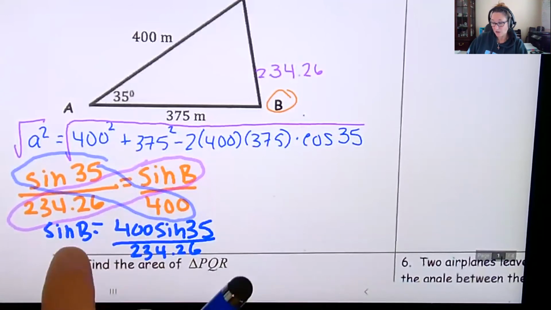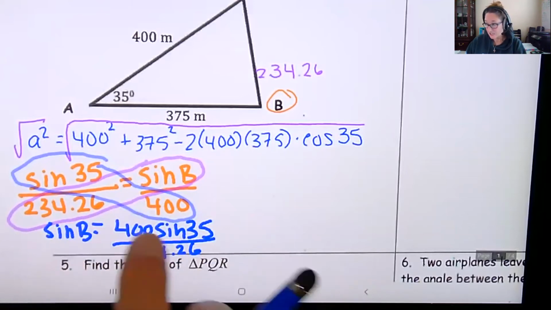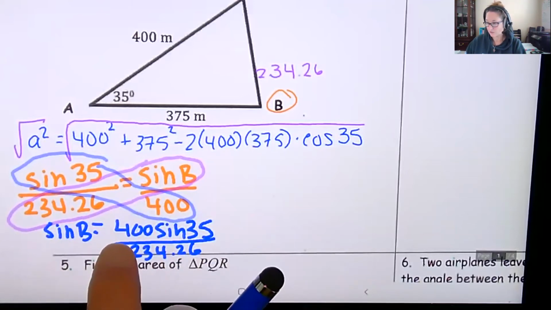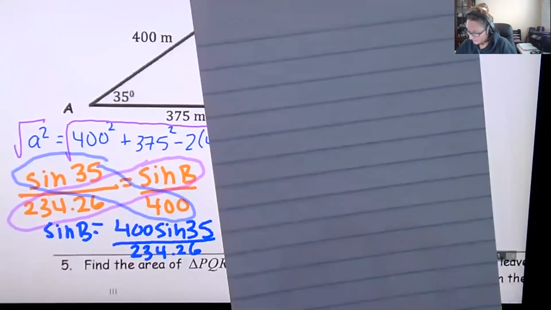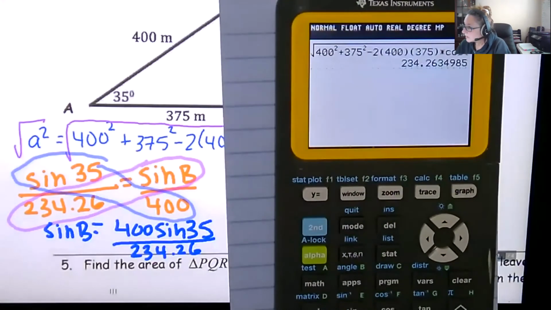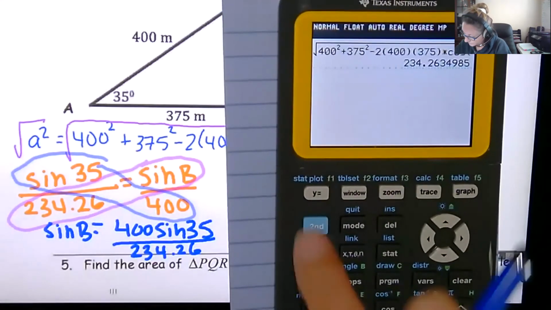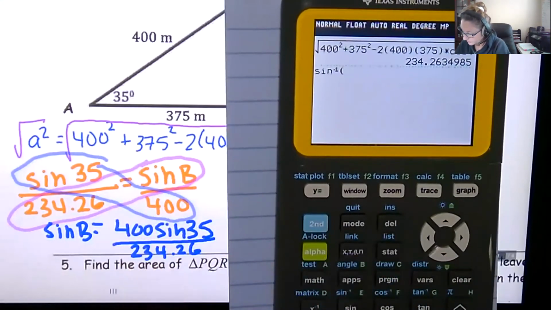And then I want B, not this. So what I'm going to do is I'm actually going to take sine inverse. Okay, I'm going to do sine inverse of this whole quantity here because I want to find that angle.